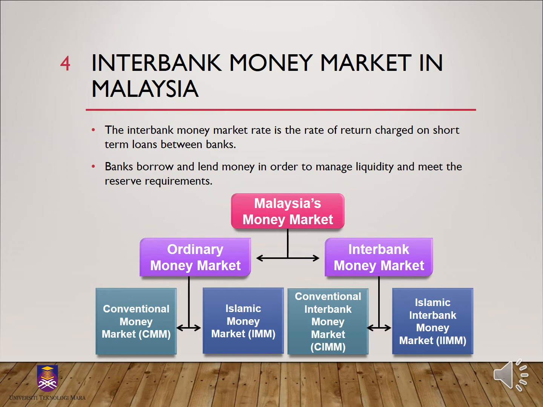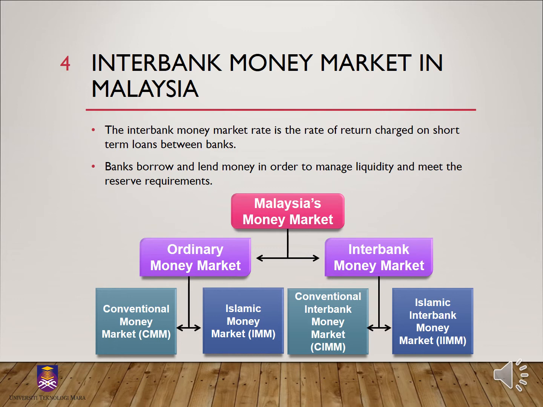Banks borrow and lend money to one another in order to manage their liquidity and also to meet the reserve requirements set by the central banks. The money market in Malaysia is divided into two categories, namely the conventional money market and also the Islamic money market.